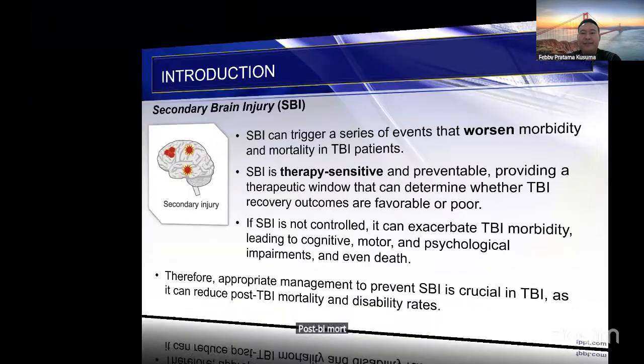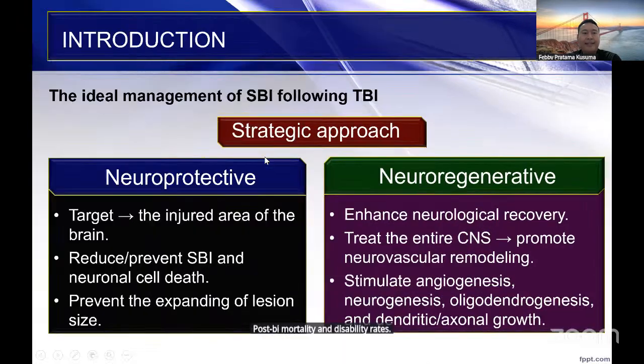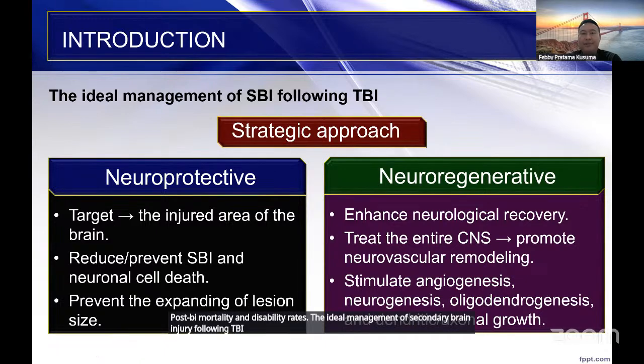For the ideal management of secondary brain injury following TBI, there are two strategic approaches in combination. The first one is the neuroprotective approach, which targets the injured area of the brain. It is expected to reduce or prevent secondary brain injury and neuronal cell death and prevent the expansion of the lesion size.